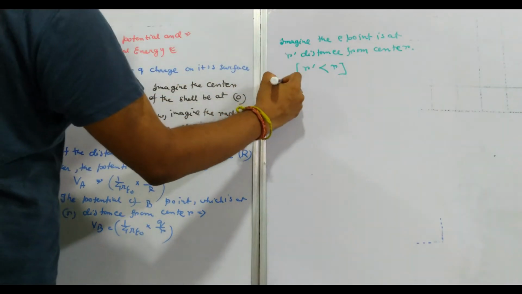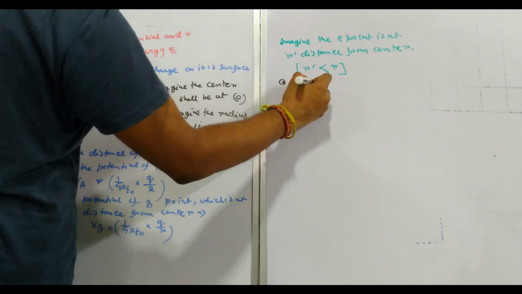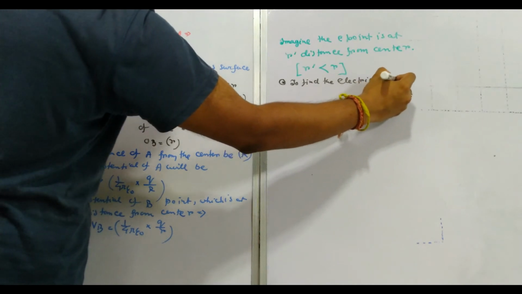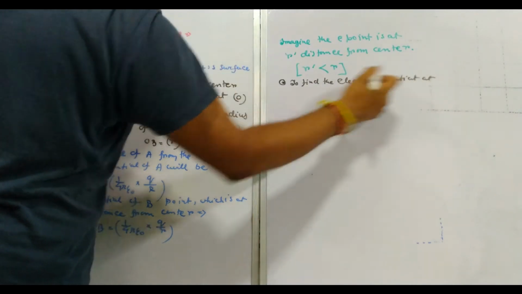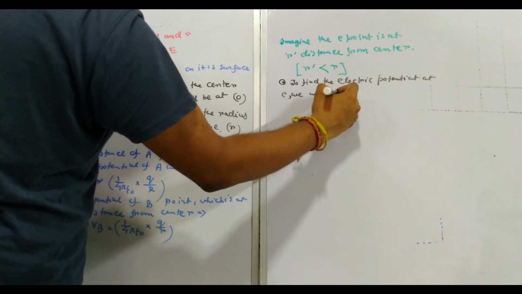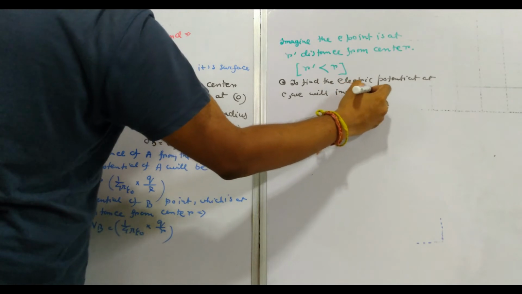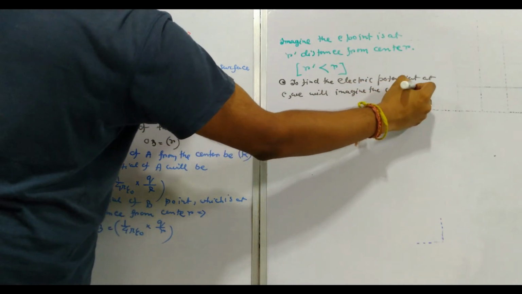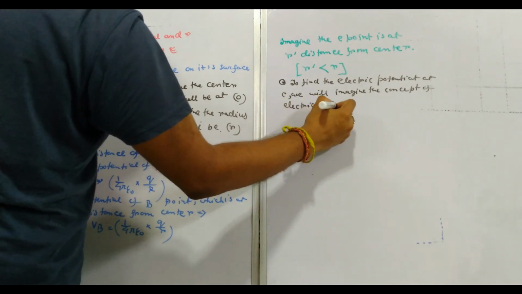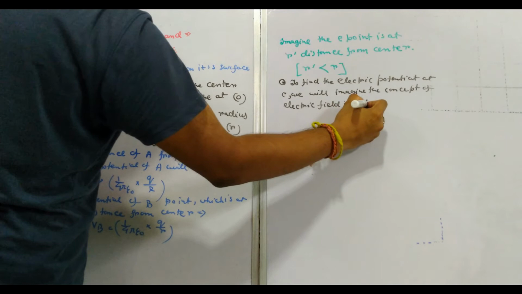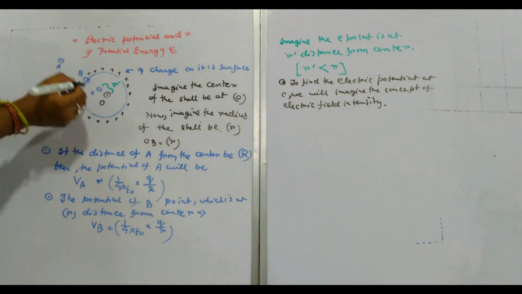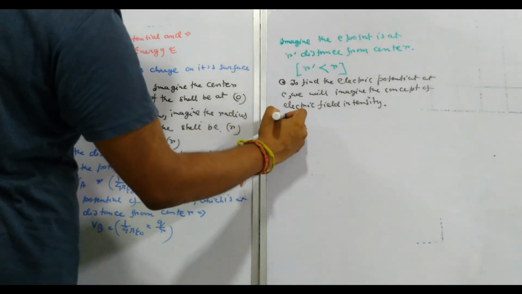So, to find the electric potential at C, we will imagine the concept of electric field intensity. Imagine the electric field intensity at C was 0.